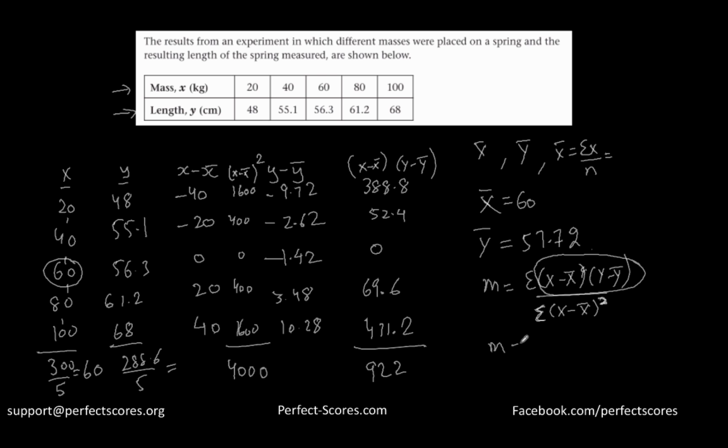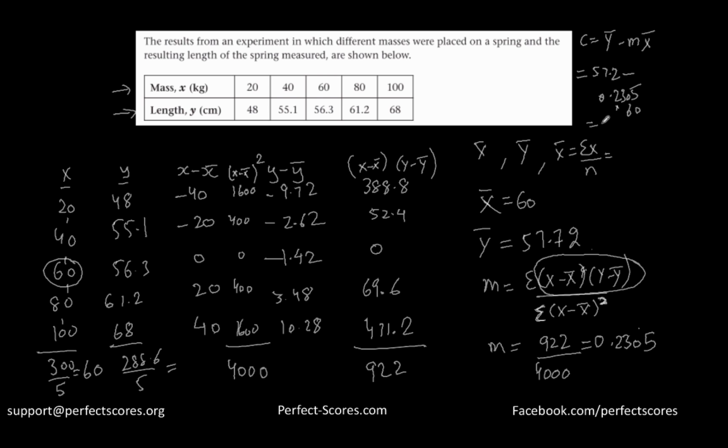Okay, so the value of m is going to be the summation of x minus x bar into y minus y bar, which is 922, divided by the summation of x minus x bar whole square, that is 4000, right? So my answer for slope is going to be 0.2305. And the value of c is going to be y bar minus m x bar. So y bar is 57.72 minus m. My m is 0.2305 into x bar. What is x bar here? 60.